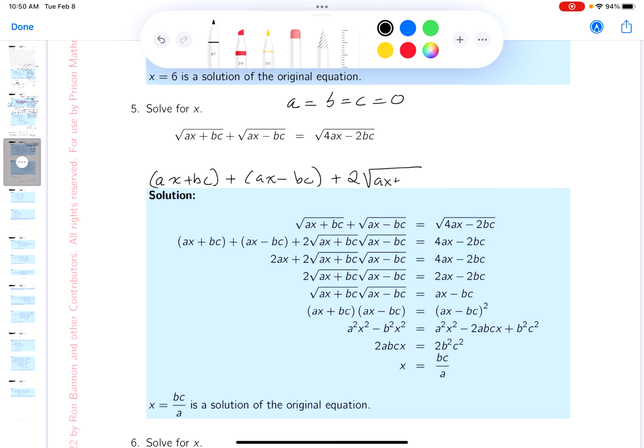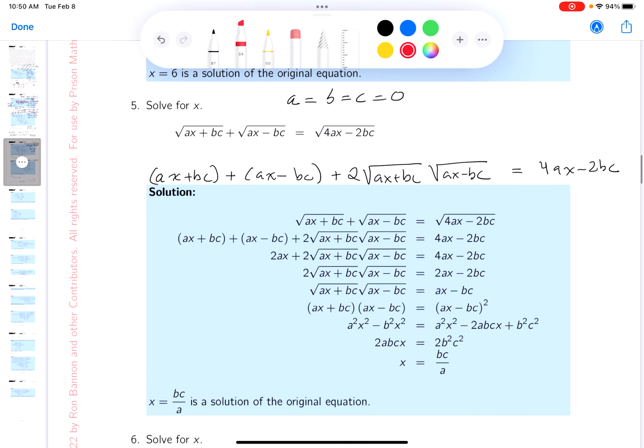I'm just using the binomial theorem, by the way. In other words, I'm expanding a binomial of degree 2. I'm squaring both sides. And what do you get on the right side? Well, you get 4ax minus 2bc.